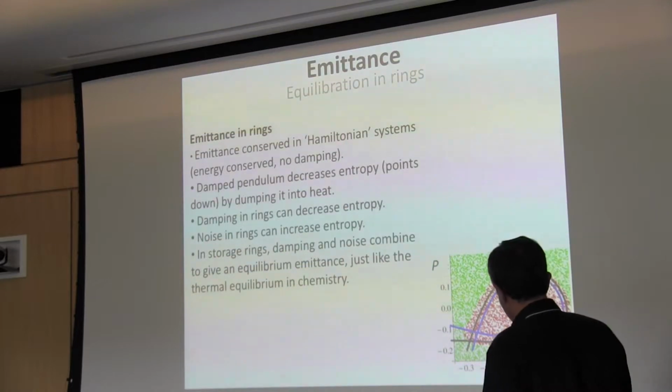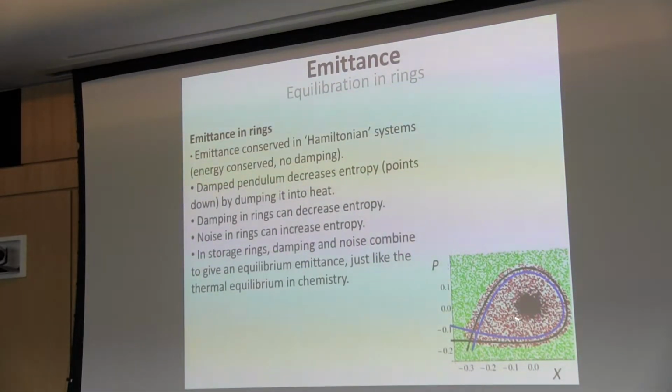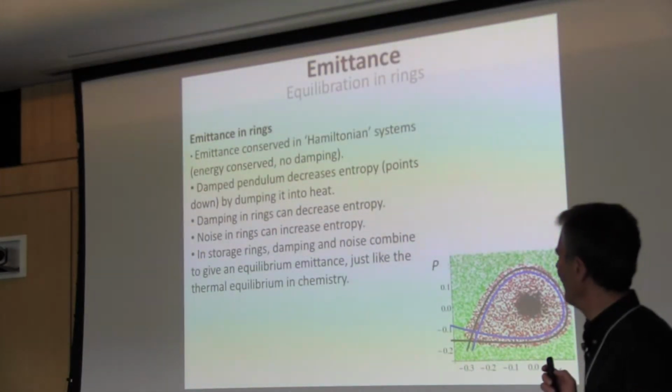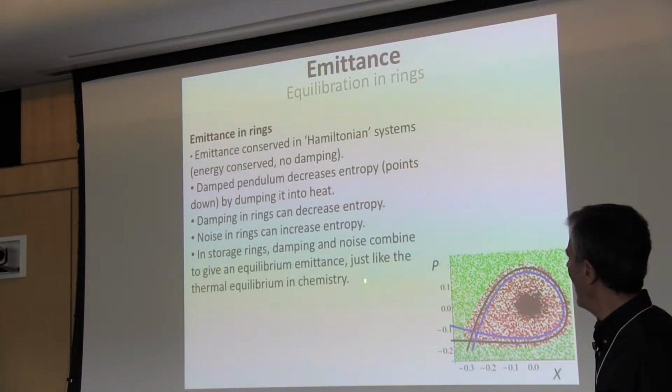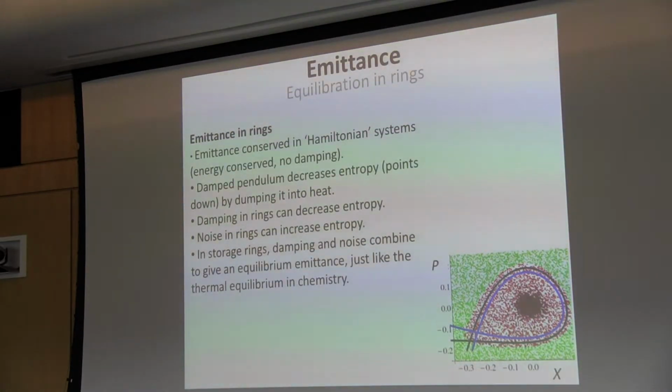But once it's there, after a few 100 million turns around the ring, the properties of the beam hardly remember where they started. So the properties in the end depend upon the balance between noise and damping. And I'm going to make an analogy that Raju made earlier, Archishman Raju in his talk, with chemistry.